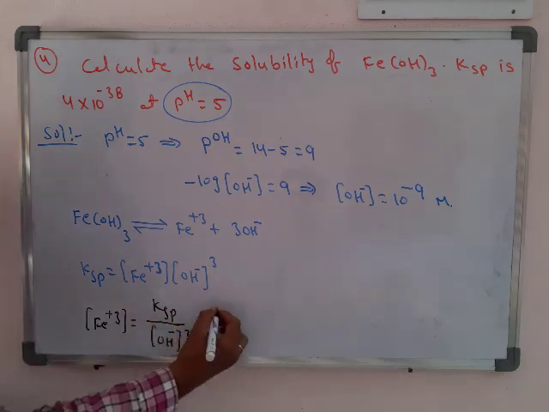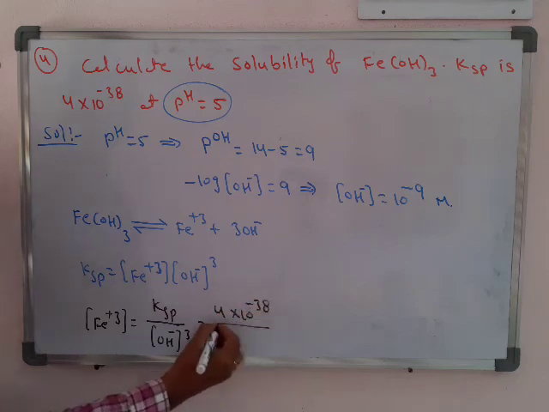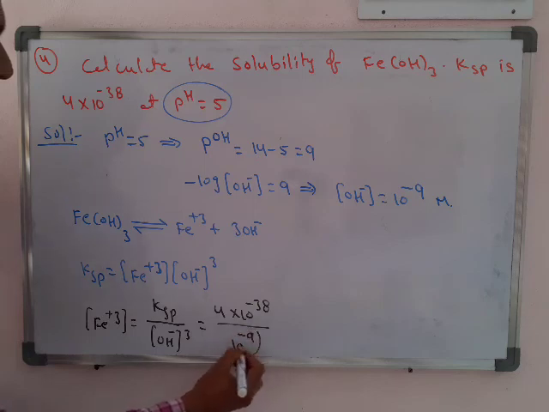Ksp is given, OH minus is 10 power minus 9.